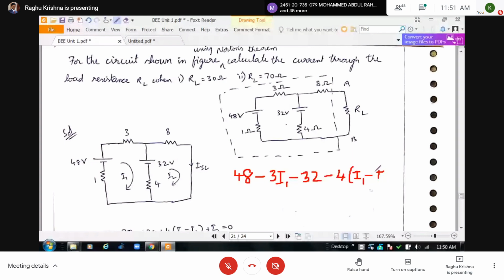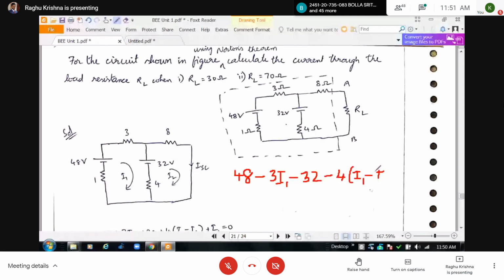So this is the KVL equation for the first loop: 48 minus 3I1 minus 32 minus 4(I1 minus I2) minus 1I1 is equal to 0.